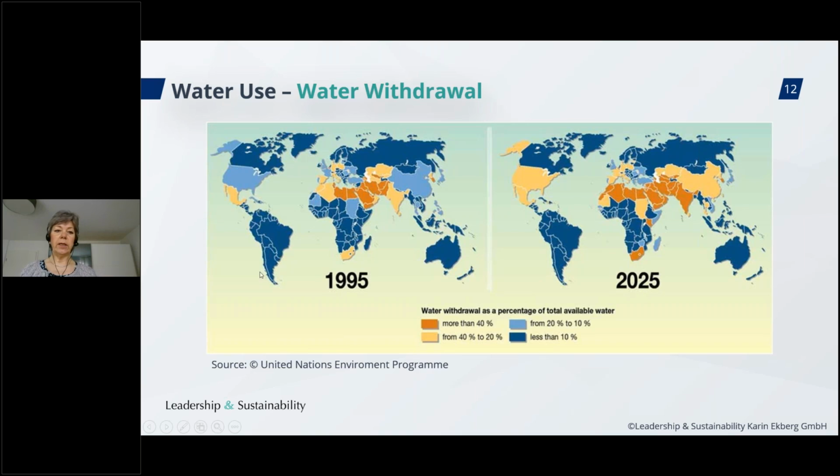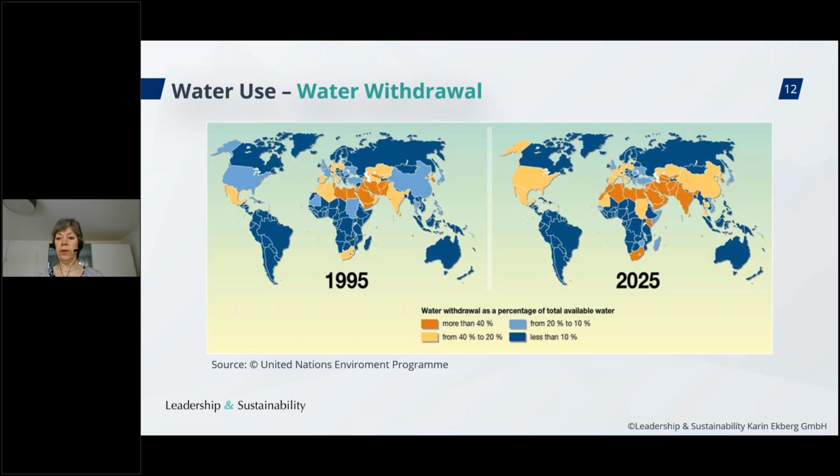We can just take the example of the United States of America, light blue in 1995, but light brown in 2025. So it has gone from 10 to 20% to 20 to 40%. Or we can take India as the next example, light brown in 1995 and dark brown in 2025. So what are we seeing here? Well, we see that water scarcity is getting worse and worse.